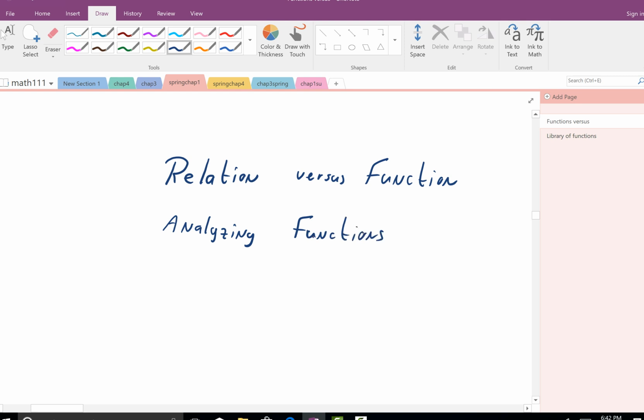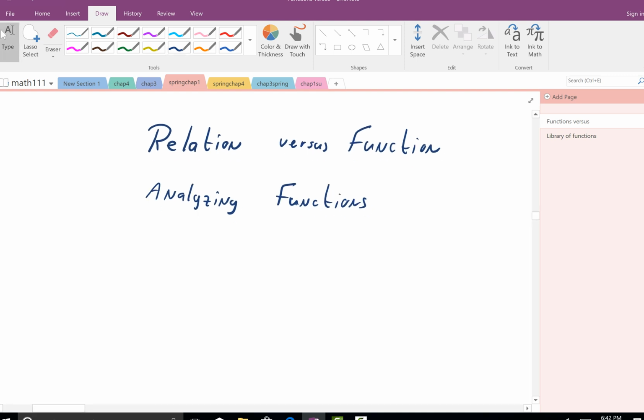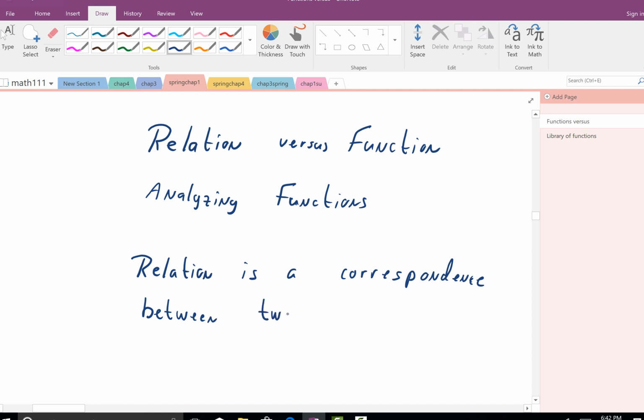Okay, so that's kind of what our topic's going to be, looking at functions quite a bit, but first we got to talk about a relation, all right? So, a relation is a correspondence between two quantities.